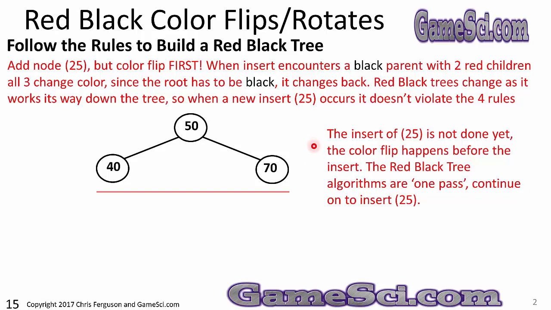The new insert of 25 is not quite done yet. The color flip happens before the insert. This was black, red, red. I did a color flip, changing these colors, and of course I had to change the root back to black. Red-black trees are one-pass algorithms. We will pass through the data once on our way to inserting 25.